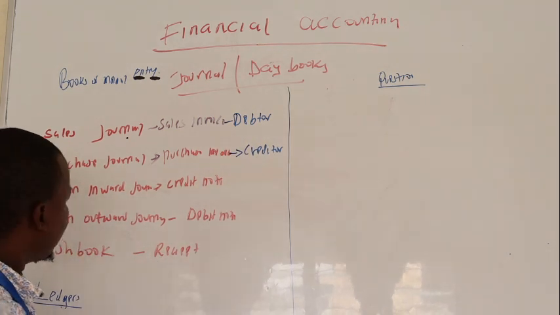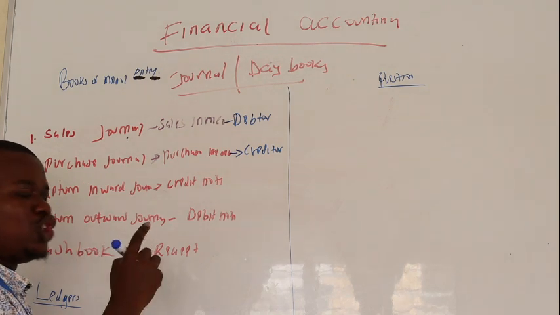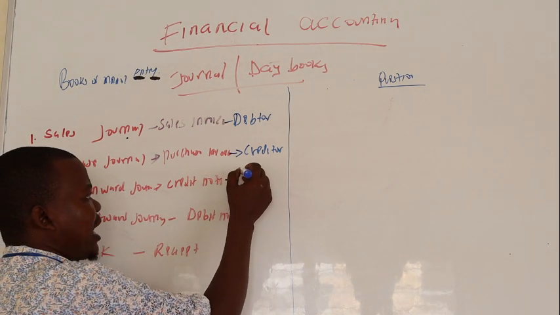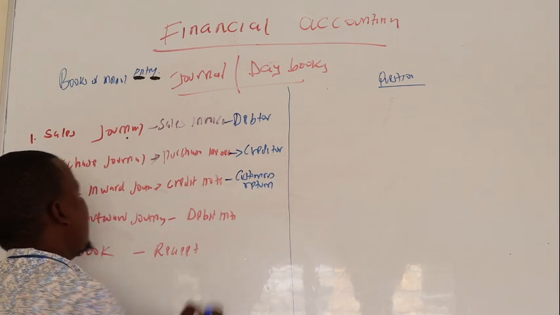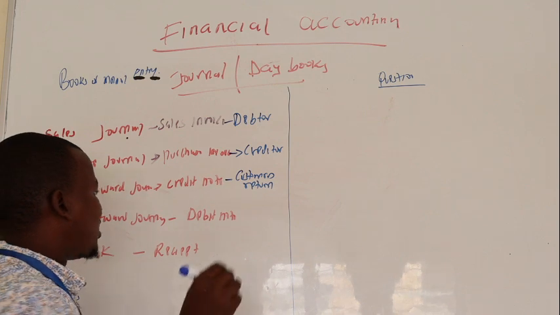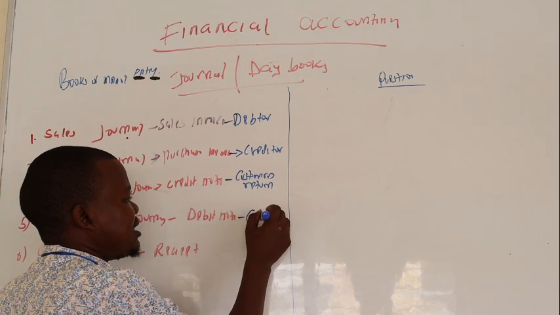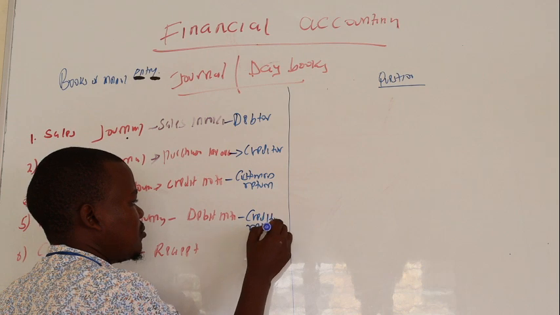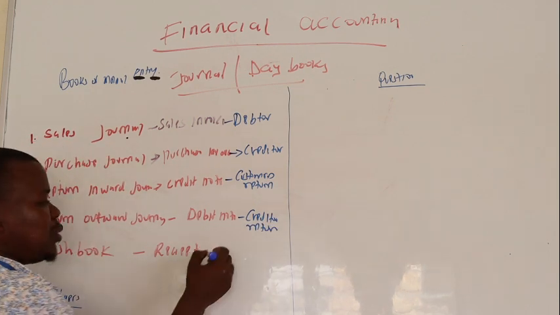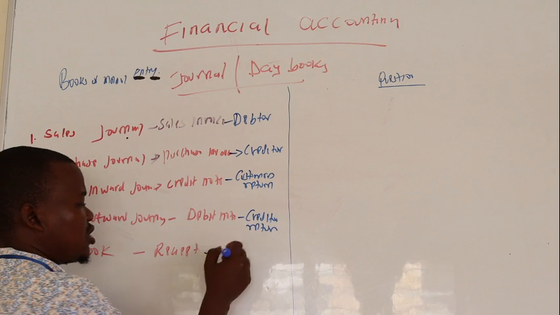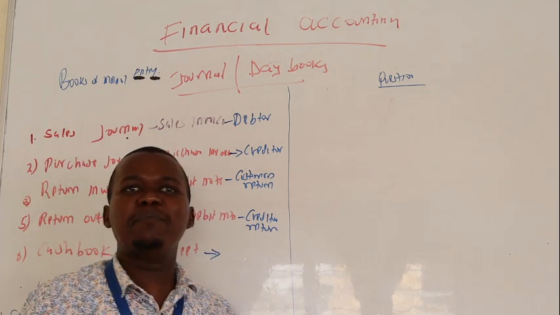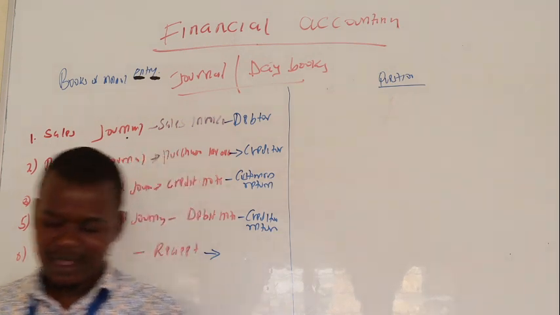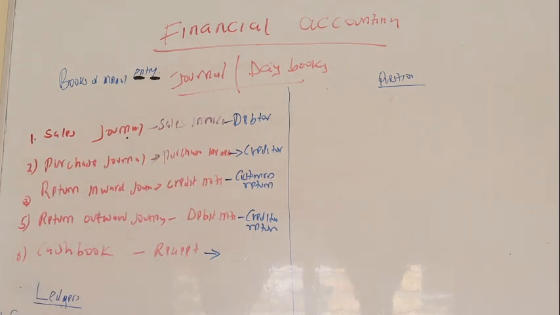The returns inward journal records all the customers' returns. The returns outward journal records the creditors' returns. Then the cash book records receipts, and receipts can be either for payment or for receiving money. Those are the books of original entry that we have discussed.